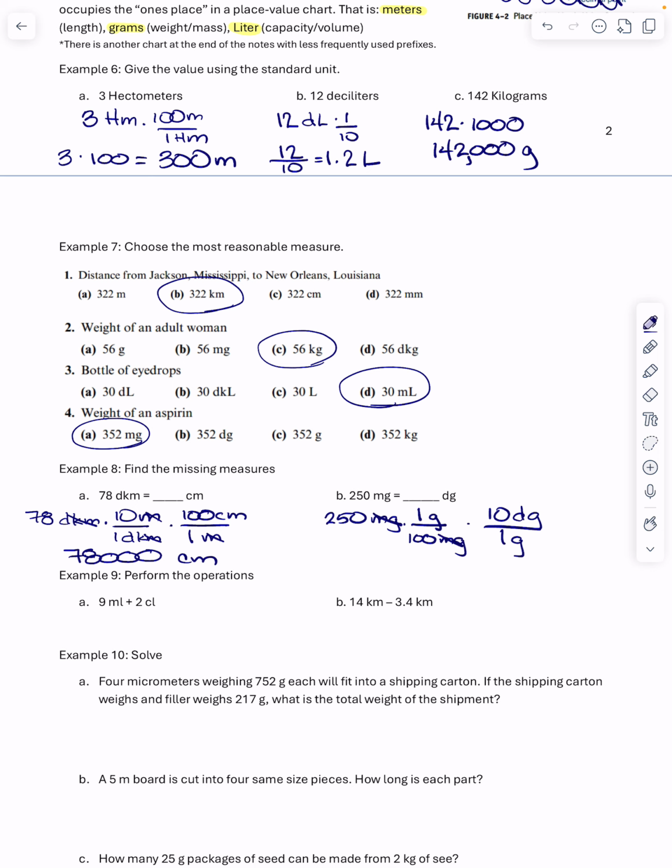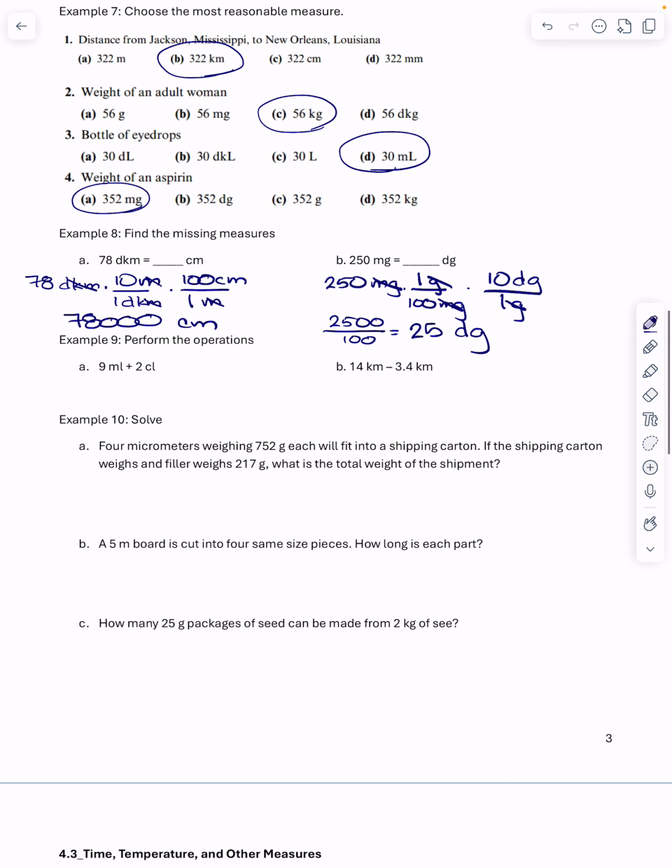So my milligrams have canceled. I get 250 times 10, which is 2,500 divided by 100. I get 25 decigrams.